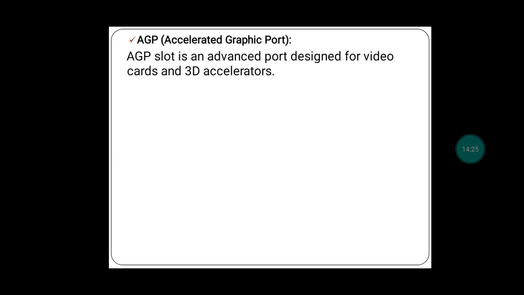You should have something called AGP, and to that AGP you connect your video cards and 3D accelerators. So the AGP slot is an advanced port designed for video cards and 3D accelerators to connect them to your computer system.